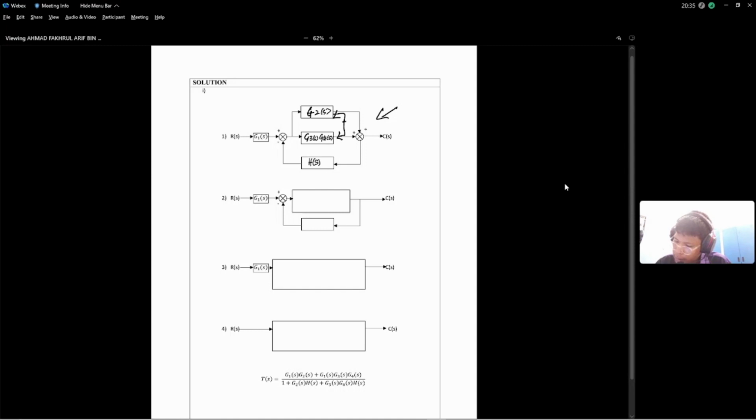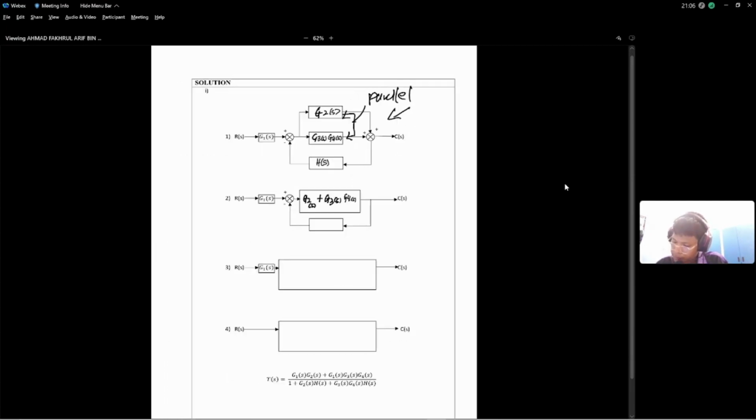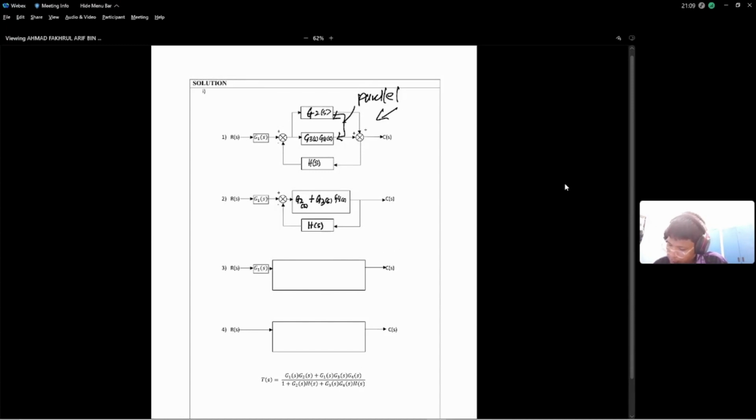These two are parallel. If it's parallel, the formula is plus, the sum. So G2(s) plus G3(s) times G4(s), and H(s) stays the same, because it is parallel. To combine a parallel, we need to add.